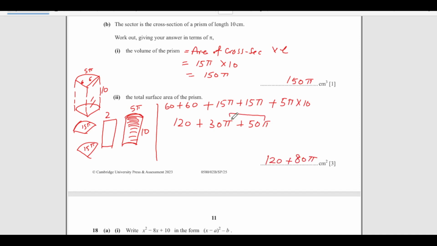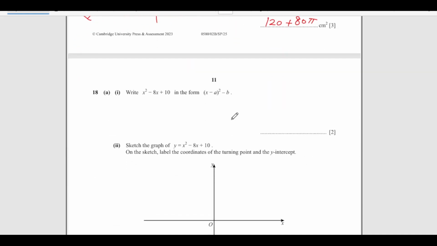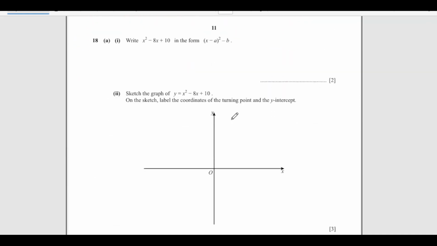Now number 18, write x squared minus 8x plus 10 in the form of (x minus a) squared minus b. There are two ways, either you expand this or no, sorry, we can't do that. You have to write this in this form. So we will split this into the form.